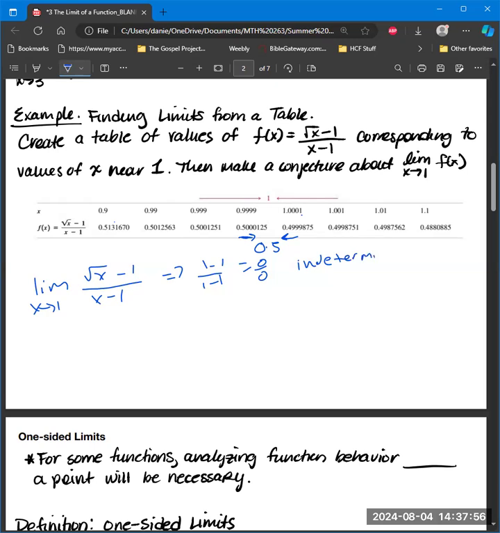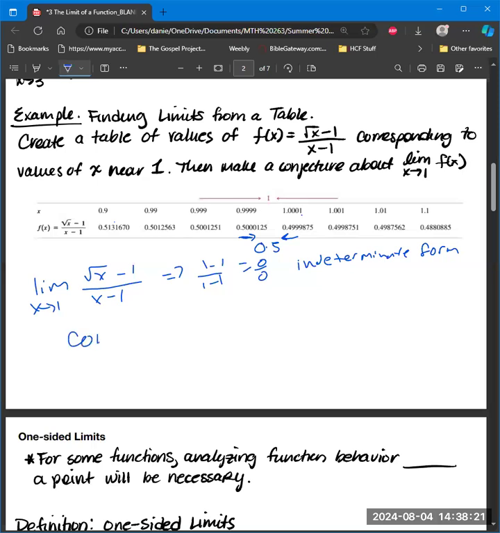More on that later. But we're going to use some factoring, or we're going to use our table method, or we're going to rationalize the numerator. Something like that. We'll do some algebra when we see an indeterminate form.